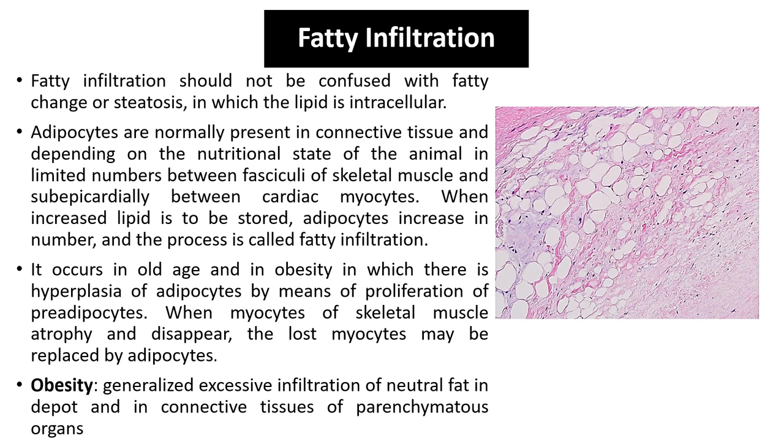Mostly it happens in old age and obesity conditions, where there is hyperplasia, which means an increase in the number of adipocytes due to proliferation of pre-adipocytes. In this condition, some myocytes may undergo atrophy, disappear, and be replaced by adipocytes.